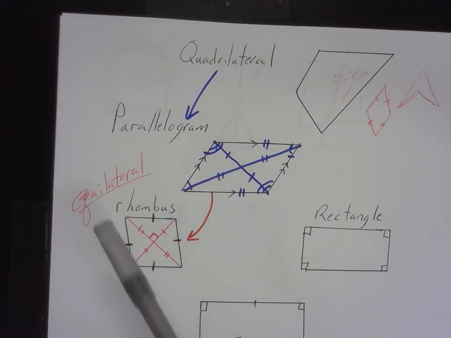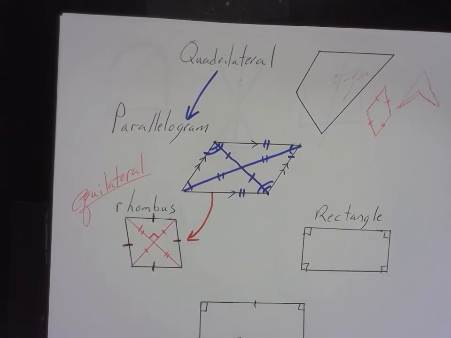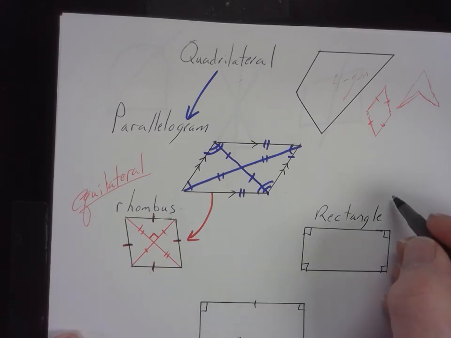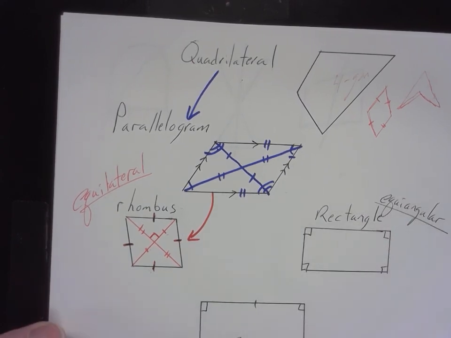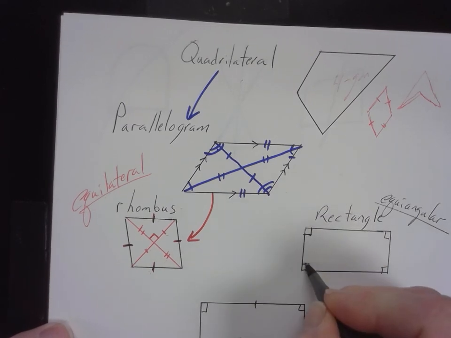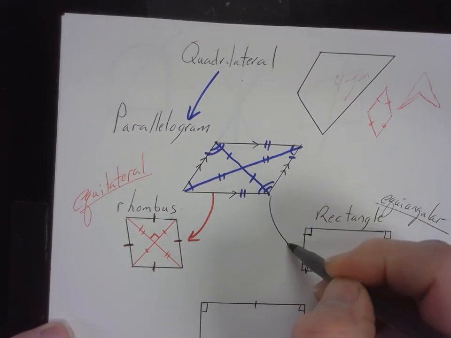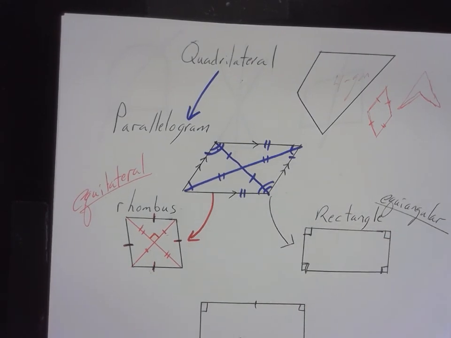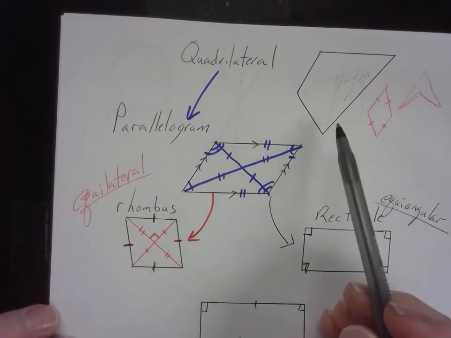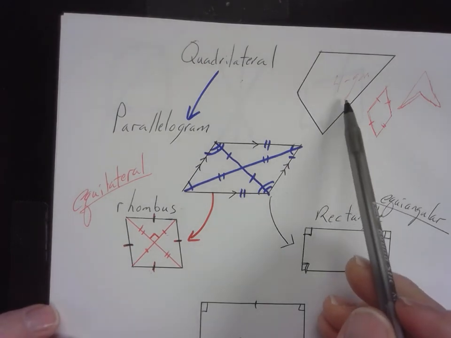It's not equilateral. What is it? Come on. Yeah, equiangular. Okay, so it is a parallelogram, right? So all the parallelogram stuff, yes. All of the quadrilateral stuff, it's a polygon.